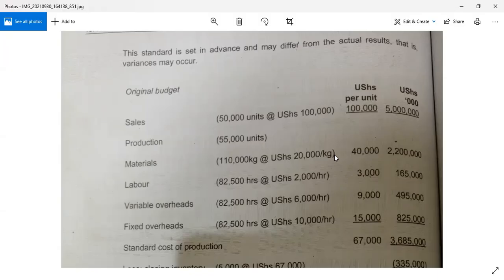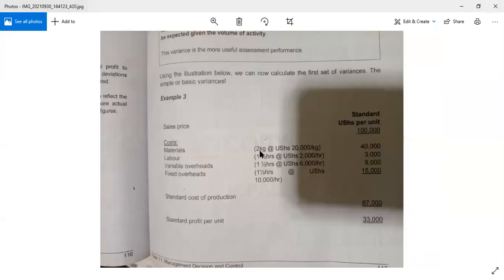Now, if you also look at our standard costing statement, remember we have a standard costing statement, which tells us that materials should take 2 kgs. Okay, should take 2 kgs. So ideally, the material usage should have been 56,000 times our 2 kg. Okay, that is what it should have been.